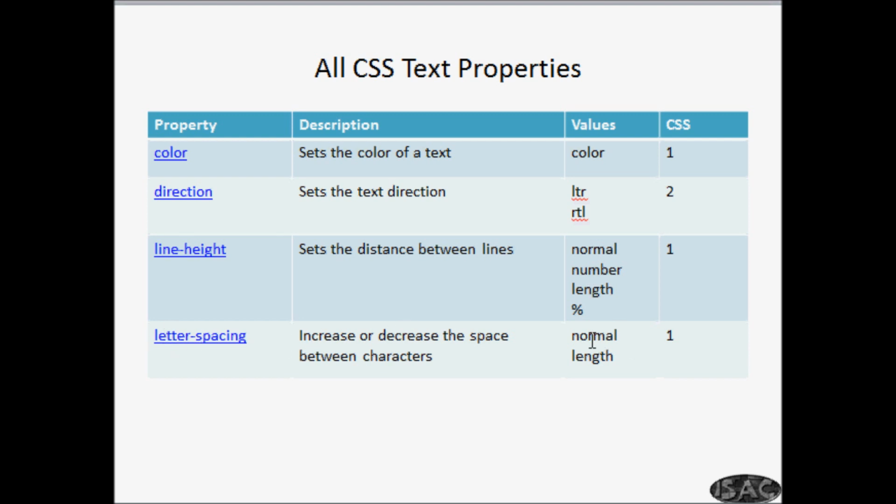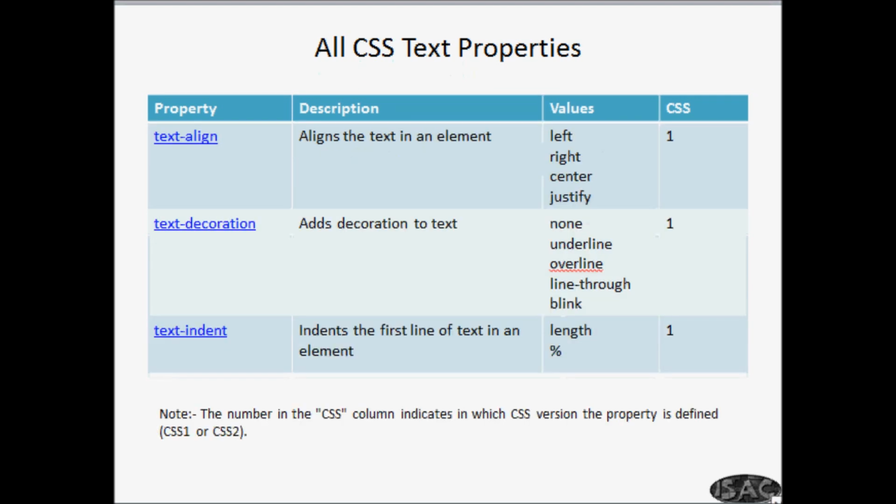Letter spacing, again you can say normal or pass some length here. These are all properties of CSS1 and CSS2. Text align you can pass left, right, center, justify. Text decoration you can pass none, underline, overline, line-through, blink. Text indent, how much indentation you want, you can pass a percentage here, right?